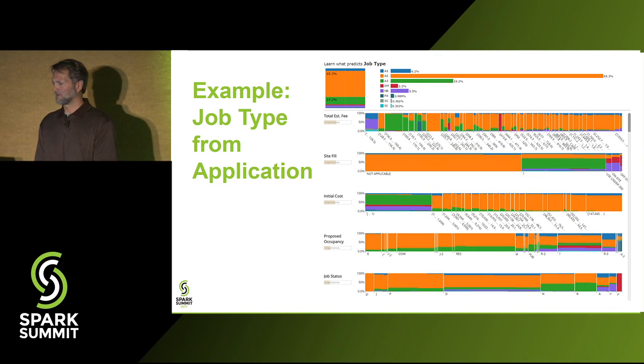So let's look at an example where we have a data set with some continuous variables. This is a job application data set where we're trying to understand how the job being applied for relates to all the other fields that are in the job application. And this first, most important attribute, the total estimated fee, turns out to be one of the best predictors of what the job type is.